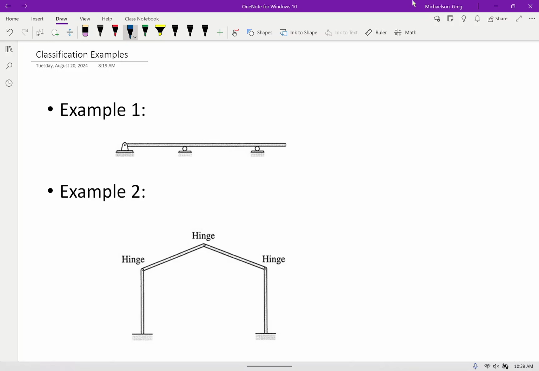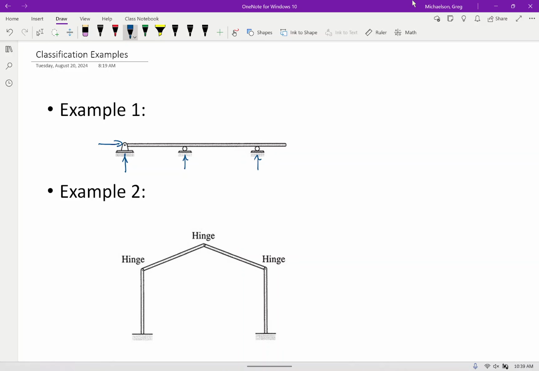So this is how I'm going to go about this. This first reaction is a hinge, so I'm going to say that it has 1, 2 reactions. This is a roller and this is a roller, so I'm going to say that each has 1 reaction.